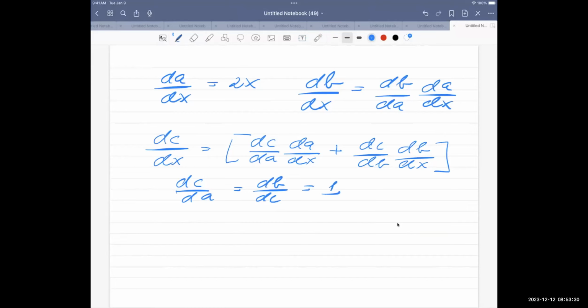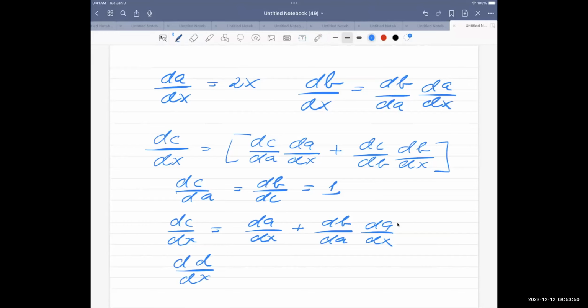So that means that my dc/dx simplifies to da/dx plus db/da times da/dx here. And then I have the next one, which is dd/dx, and that is nothing but dd/dc times dc/dx. And this is also the same as our function df/dx.